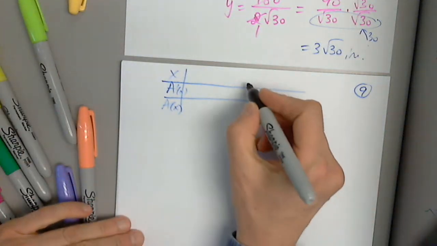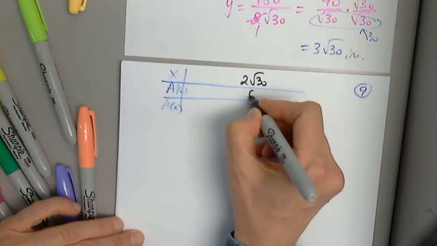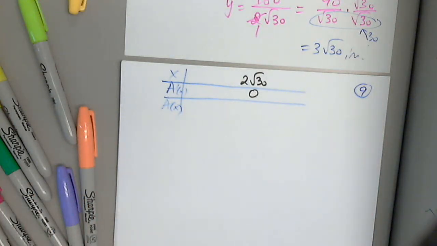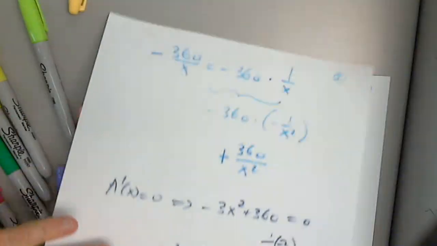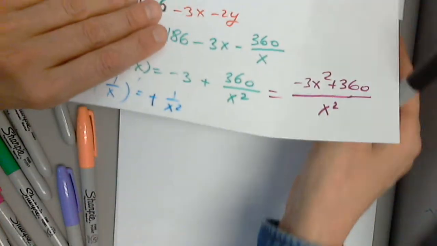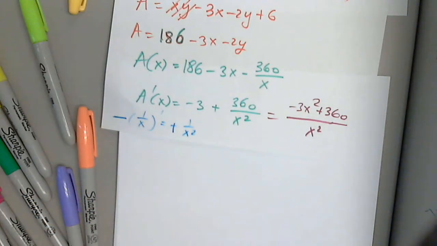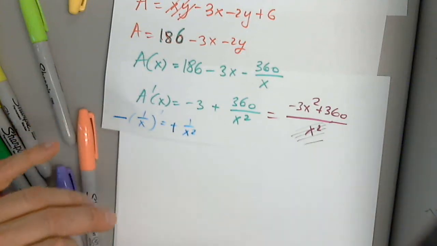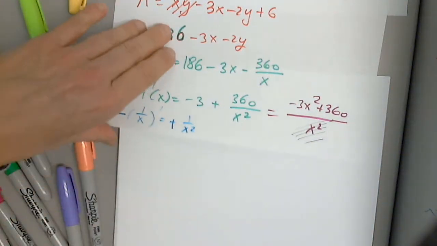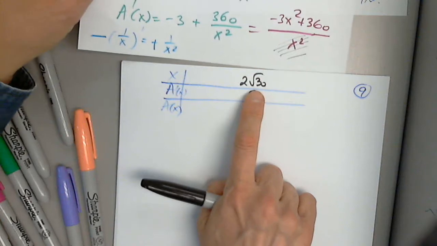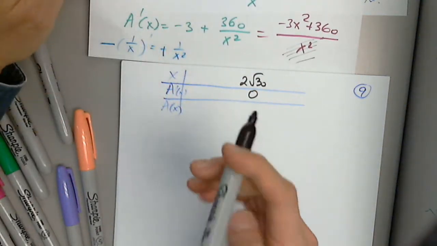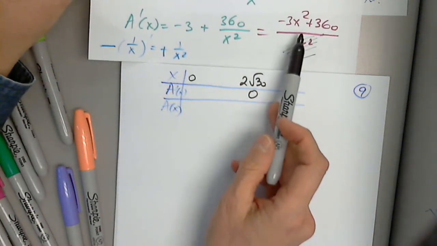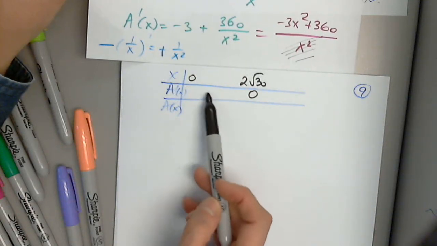And we have 2 the square root of 30, and we have 0. We go back to A prime. And I hope you agree we're not going to plug anything in here. So if this is 2 the square root of 30, let's plug in 0. When you plug in 0, what sign do we get?